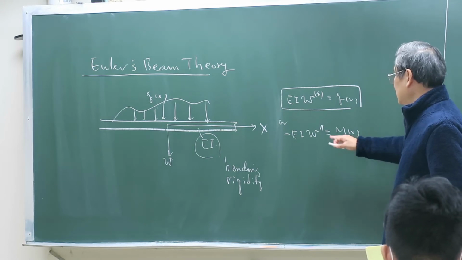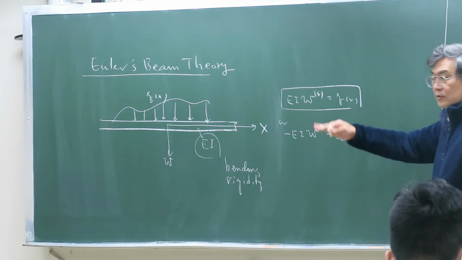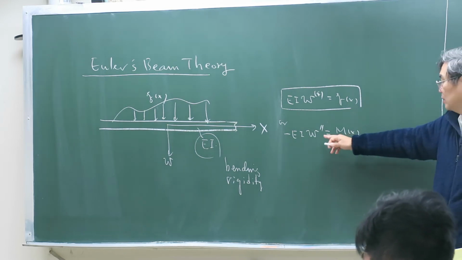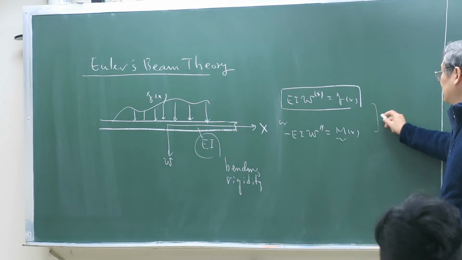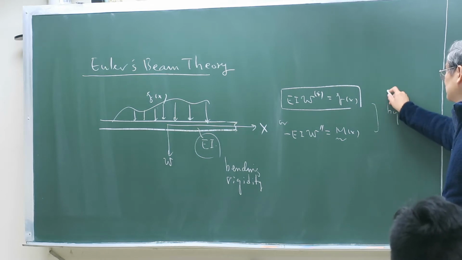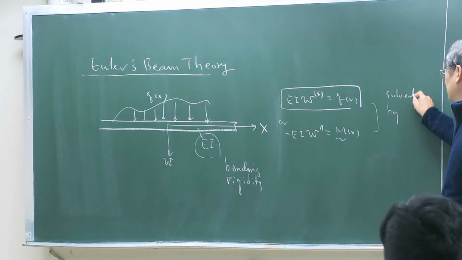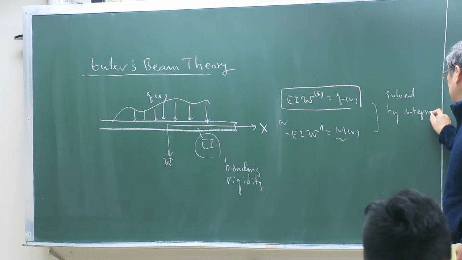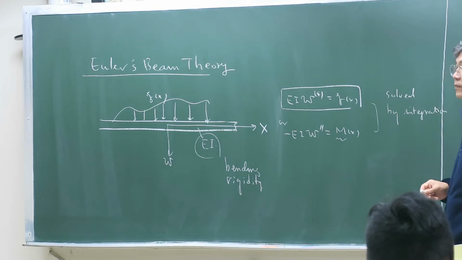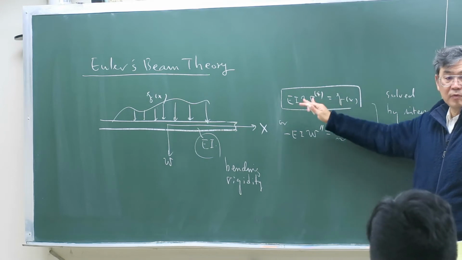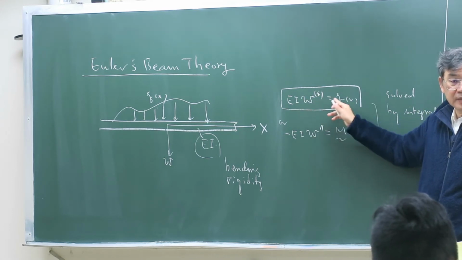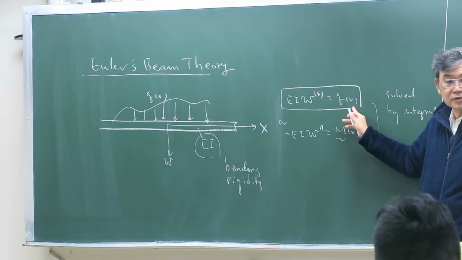If you can write the internal moment distribution along the beam, this can be done by solving, by integration. Okay? Direct integration 4 times, you can get a displacement, right? But you have 4 integration constants.